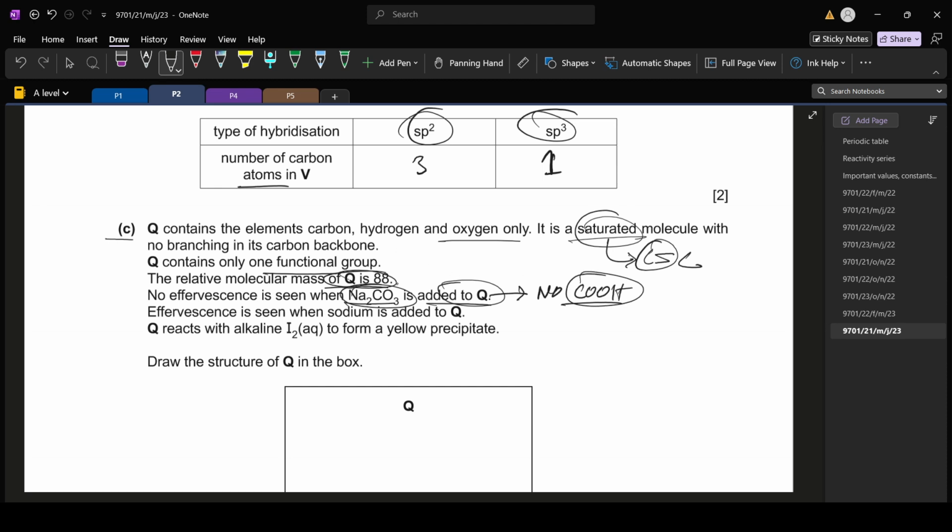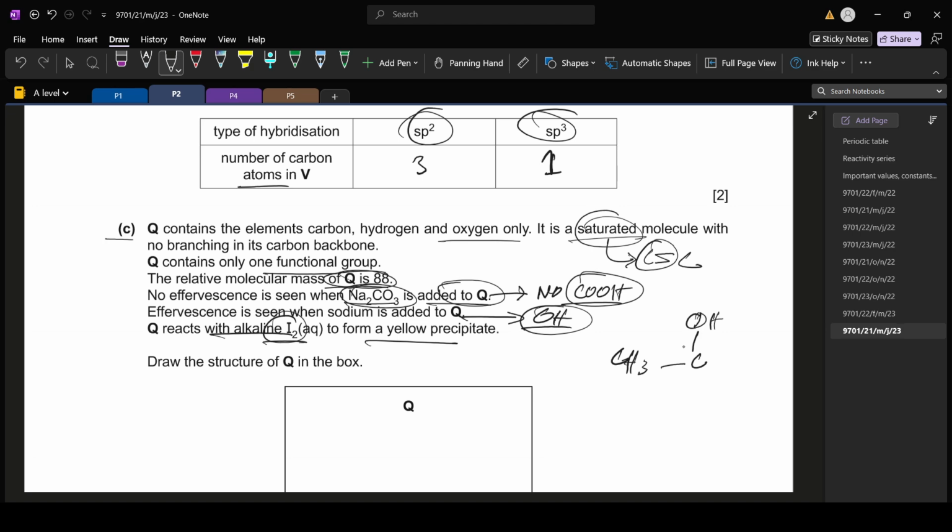Now effervescence is seen when sodium is added to Q, so it means there is an alcohol, and Q reacts with alkaline iodine I2 to form this yellow precipitate. So it means this methyl group is attached to the carbon which has alcohol attached.